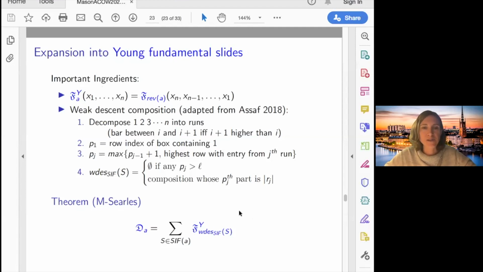And then in order to show that, in fact, the dual immaculate slides did decompose into a positive sum of Young fundamental slides, we adapted a notion of a weak descent composition from some work of Asaf's, where I think she was using it in relation to expanding maybe Schuberts and Keys in terms of fundamental slides. So we're able to modify that and prove this expansion.